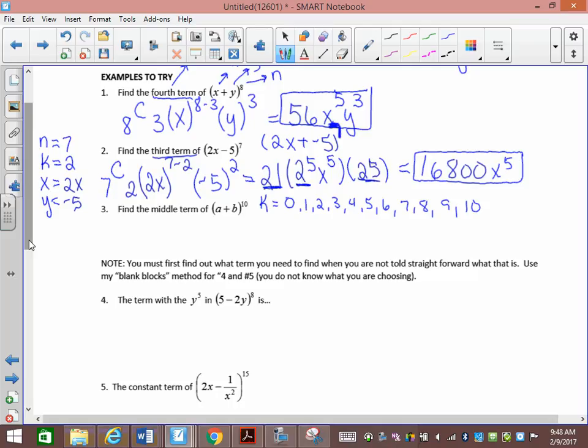I'd have to go k equals 0, 1, 2, 3, all the way to n, and n is 10. Which one of those is in the middle? If you don't know, this is what I do. 1 for 1. K equals 5 is the middle one. Use k equals 5 to do the question.